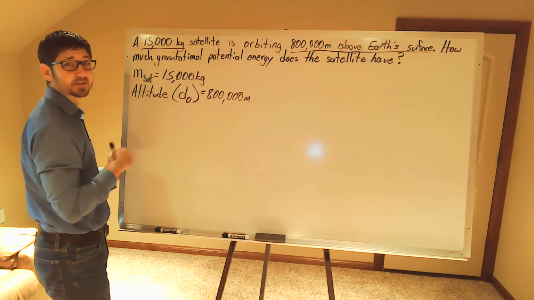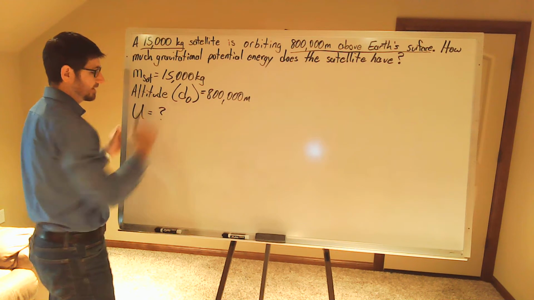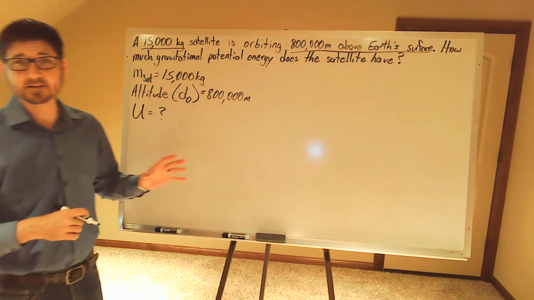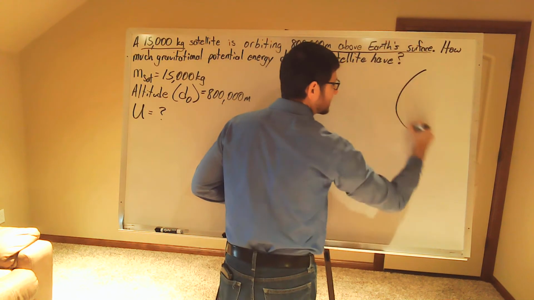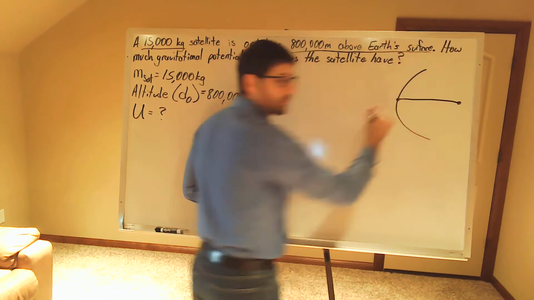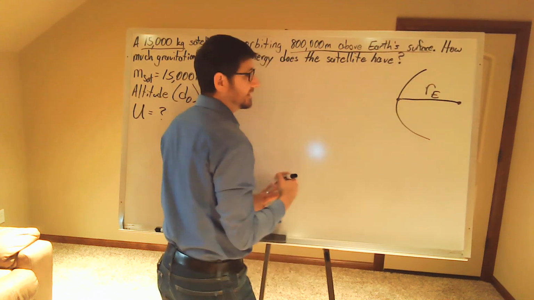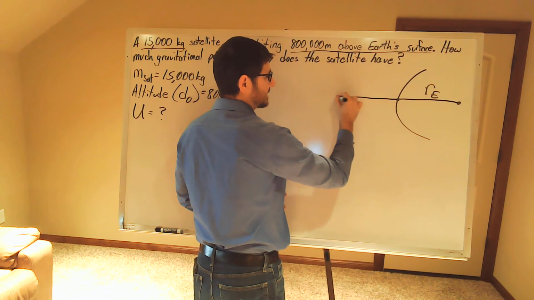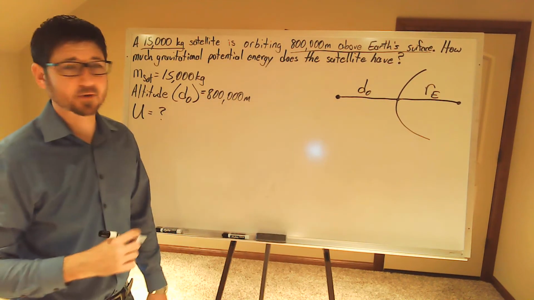Gravitational potential energy is identified by capital U, but at this point, we don't know what it is. So let's draw a simple picture to represent our situation. Here we have the radius of the Earth, identified by r sub e, and then we have the altitude of our satellite, identified by d sub 0.